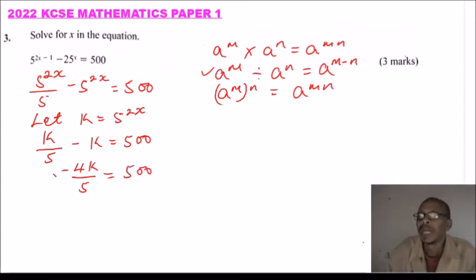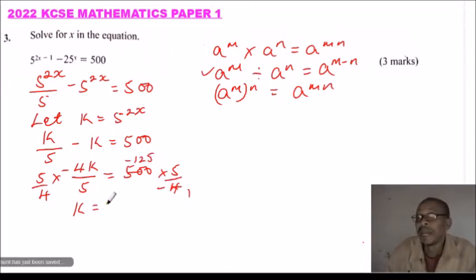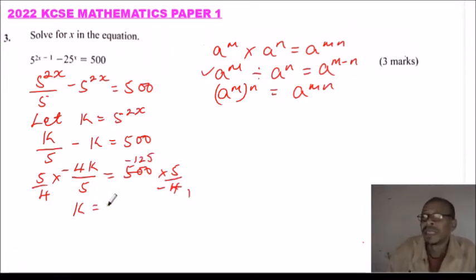So we can multiply both sides by 5, and you divide by minus 4, so that we are left with k is equal to, when you divide, this will be minus, 500 divided by 4 is 125, you multiply by 5, that is 625, so it will be minus 625.